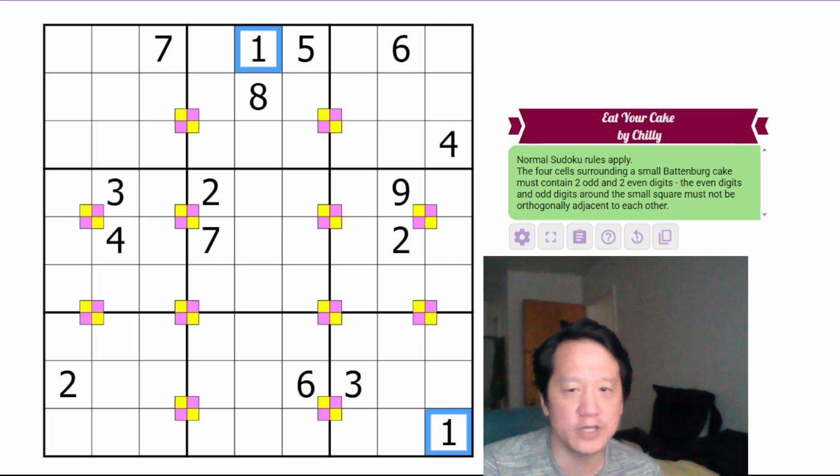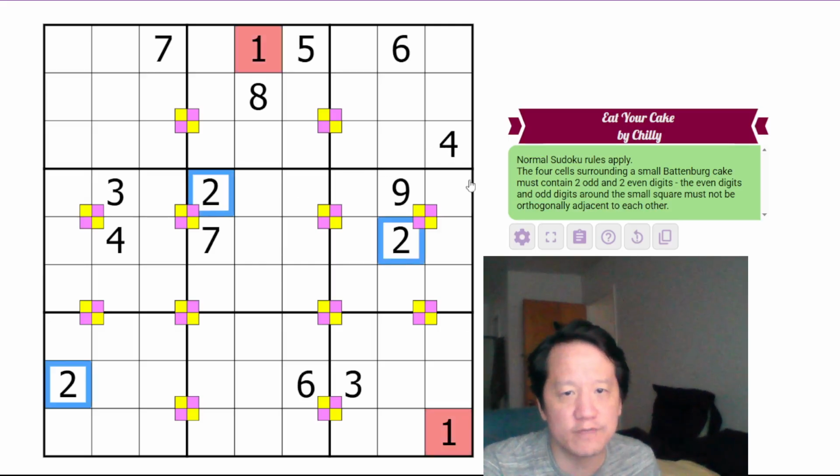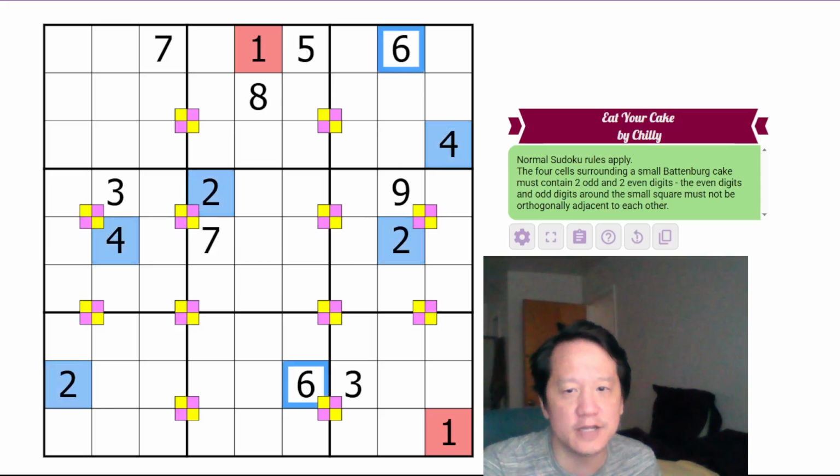Okay, let's color each digit according to their odd-even parity. 1 is odd, 2 and 4 and 6 and 8 are even, and the rest are all odd.